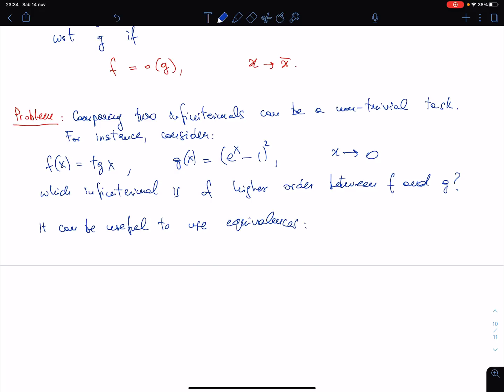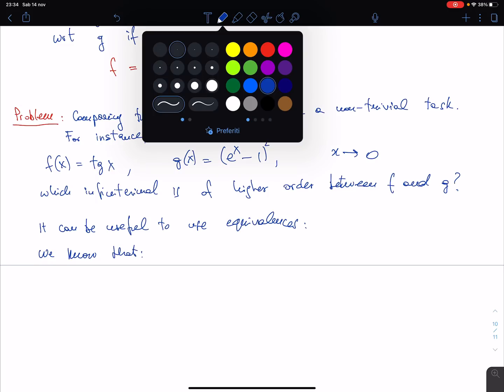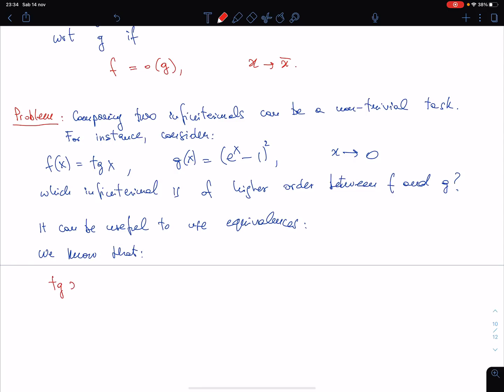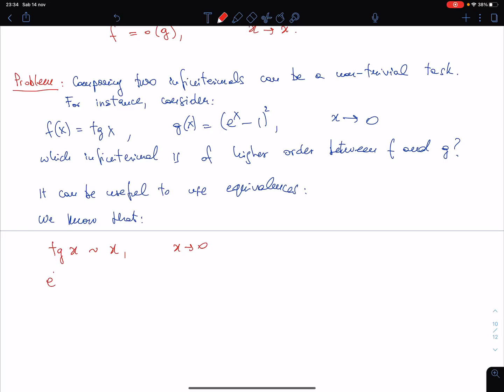So we know that the tangent of x is equivalent to x for x going to 0, and that e to the power x minus 1 is equivalent to x, and this implies that if I consider the square of e to the power x minus 1, this will be equivalent to x squared, again for x going to 0.